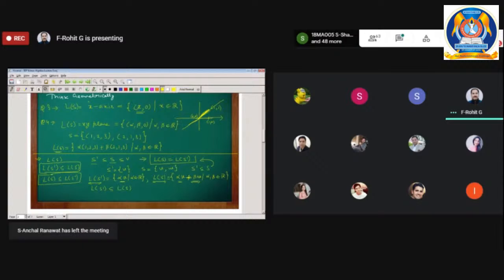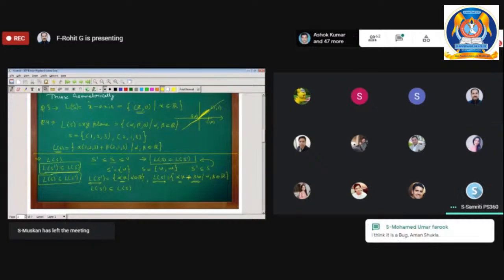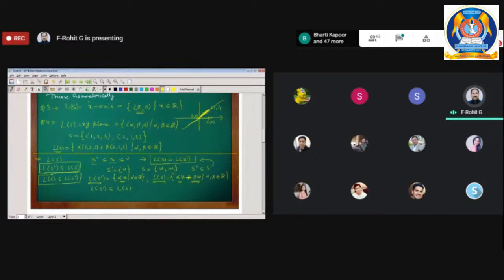Samriti PS360, Priya is saying that the linear span of S dash is a subset of the linear span of S because alpha V is contained in the linear span of S. Are you getting this? So when alpha V belongs to L of S, because with alpha V, beta W is also there.